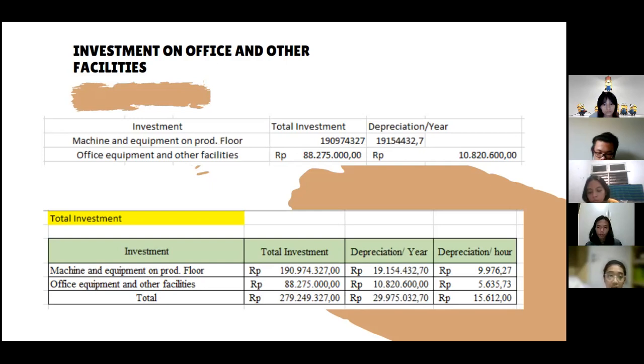For the equipment and other facilities, the total investment is around 88 billion rupiah, and depreciation per year around 10 billion rupiah. The total investment is 279 billion rupiah, depreciation per year 29 billion rupiah, and depreciation per hour is around 15,000 rupiah. Next.